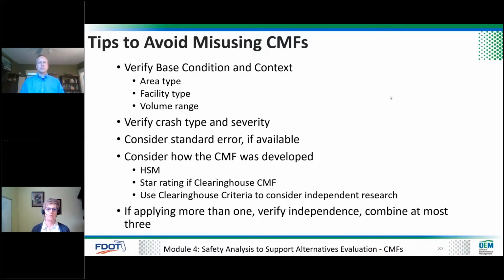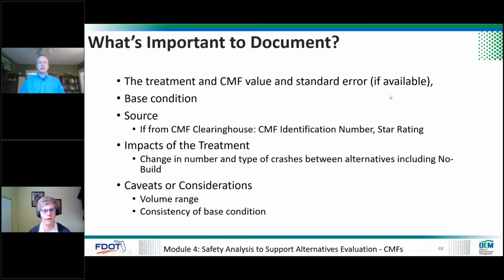And then, going back to our theme of documentation, what's important to document about CMFs? Think about it in terms of, if your reviewer was going to go try and find a CMF for whatever it is you're doing, that person should be able to more or less make his or her way straight to the CMF you selected. So the CMF treatment, the CMF value, and the standard error if it's available.